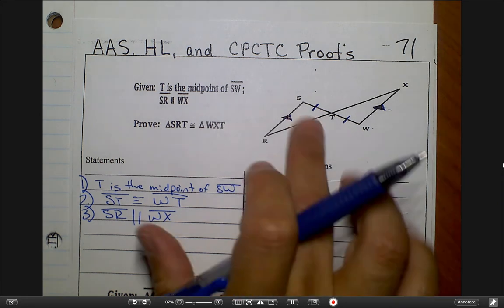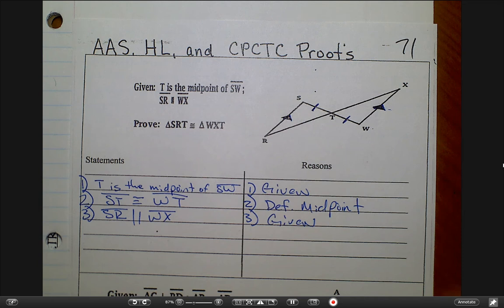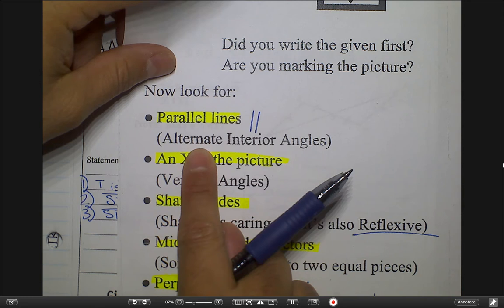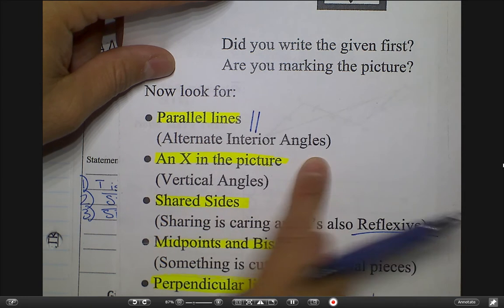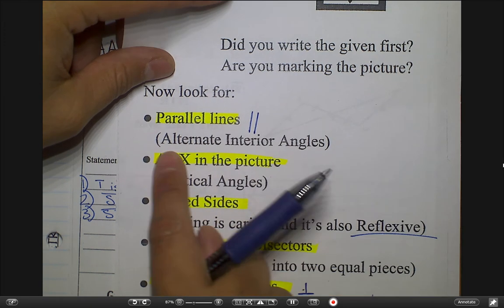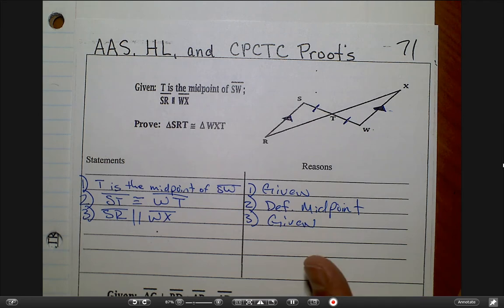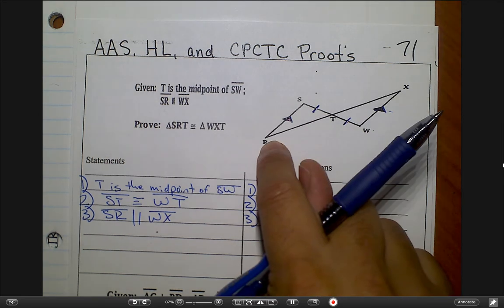Okay? So now that I have that, because of parallel lines, what do I know? There we go, alternate interior angles. Which ones are going to be alternate interior angles? R, very good.